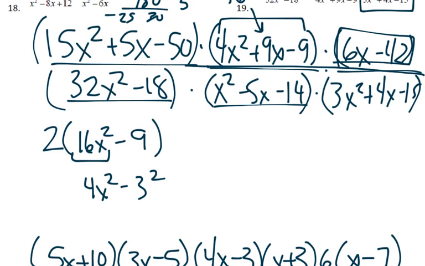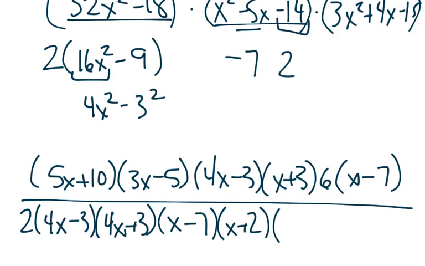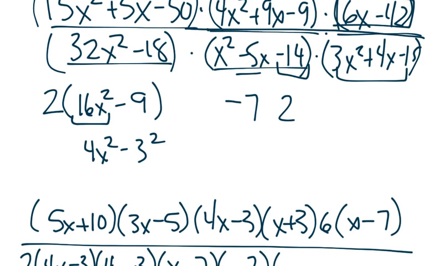Now this one factors: negative 14 gives us negative 7 and positive 2. So x minus 7, x plus 2. Now the last one, 3 times negative 15 is negative 45. Factors of negative 45 that make 4: 9 and 5, with 5 being negative.